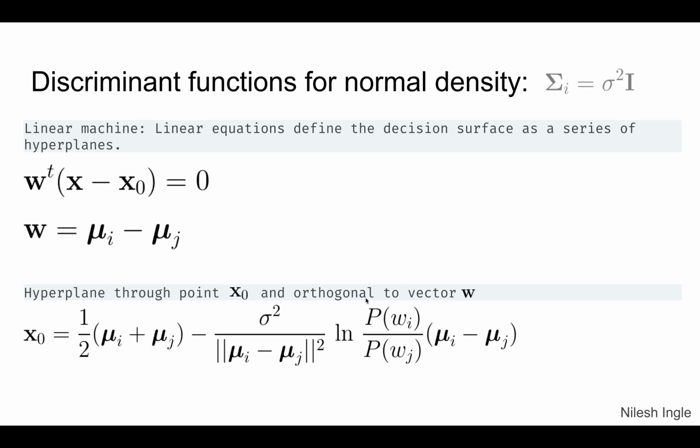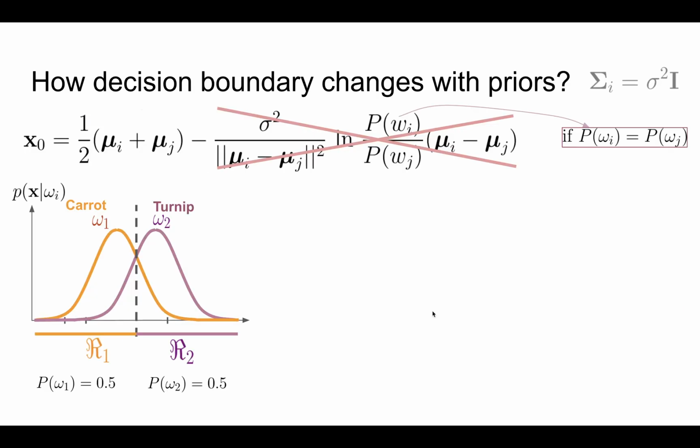And to visualize that, let's look at this particular relation here. If we assume that the prior probability for the classes omega i and omega j is the same, then these terms can be ignored, and what we have left is just this part, which is trying to find the middle point between these two means.